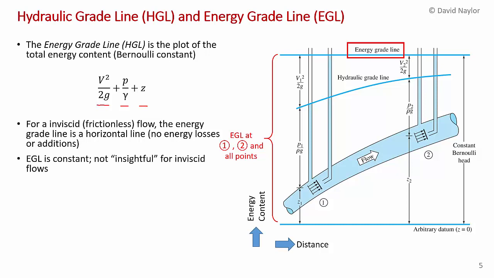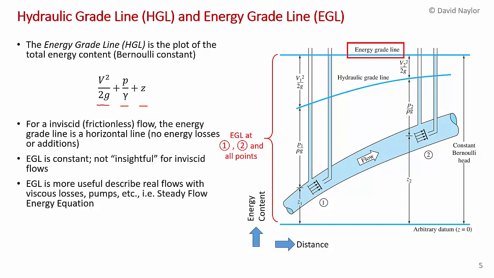It doesn't give you very much insight into what's going on. You'll find, and we're going to discuss this later in this presentation, that the energy grade line is a more useful descriptor for real flows, those with viscous losses and pumps. In other words, for flows where the flow can be described using the steady flow energy equation that you learned about in a previous presentation in Chapter 3.